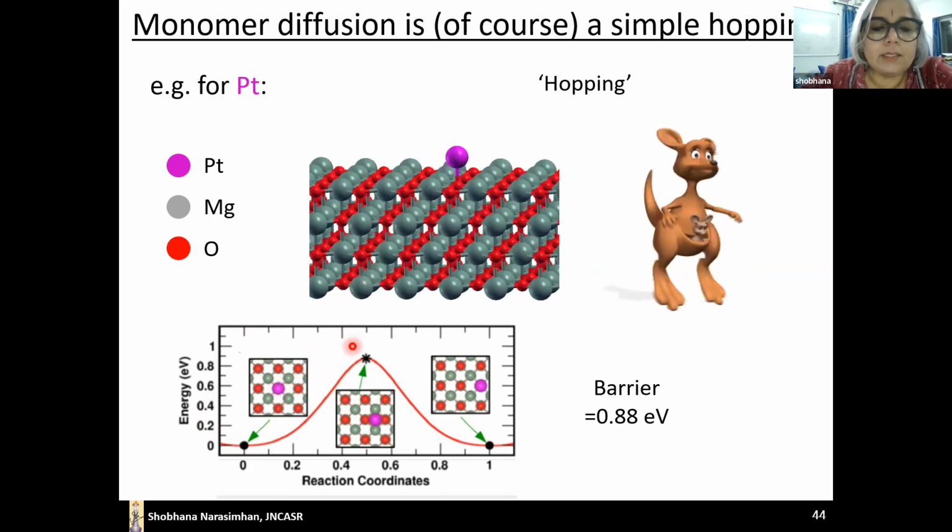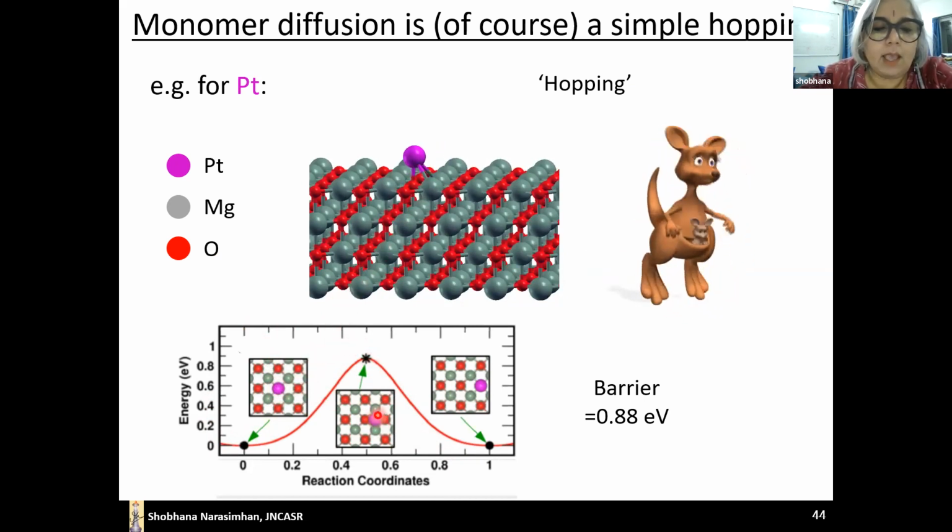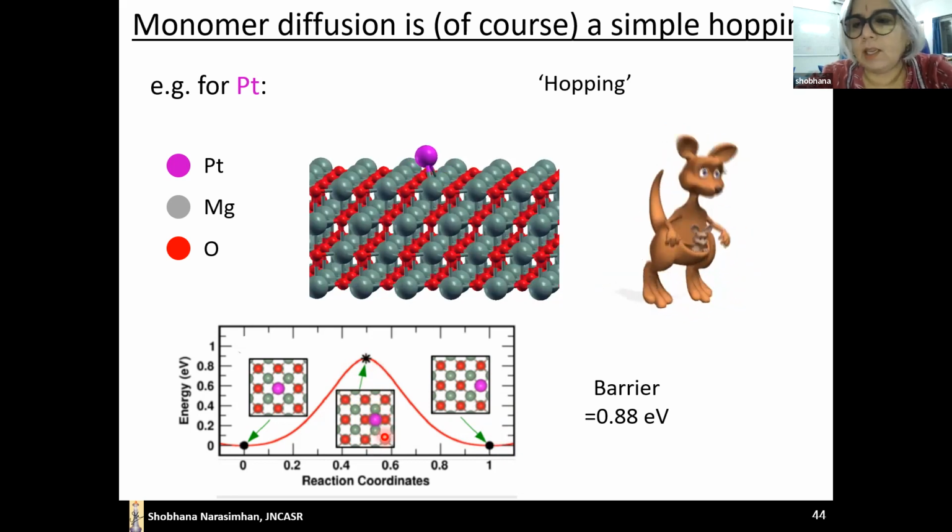And the transition state is when it is at a bridge site. And we can calculate this energy landscape. The barrier for this diffusion is 0.88 eV, which is reasonably high.